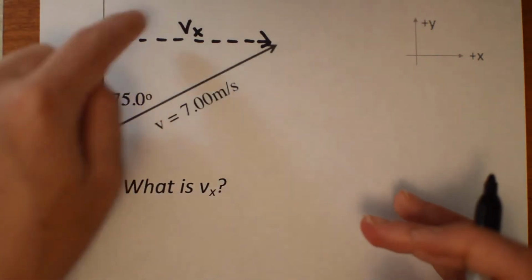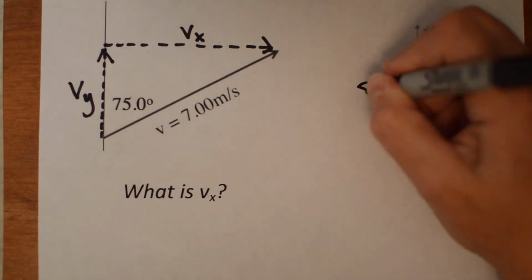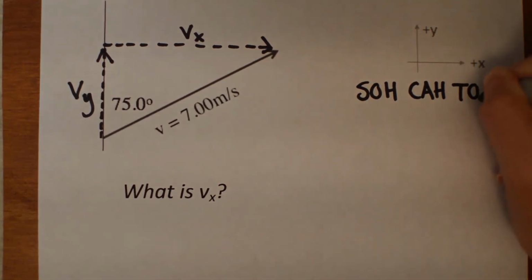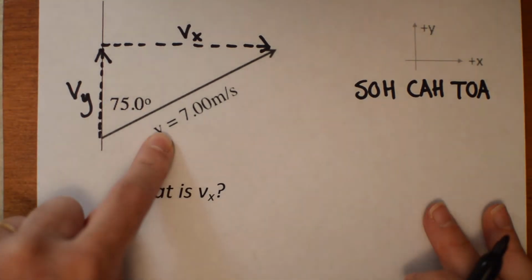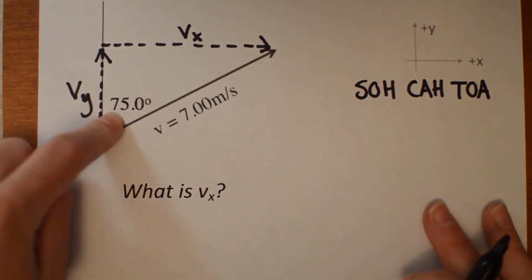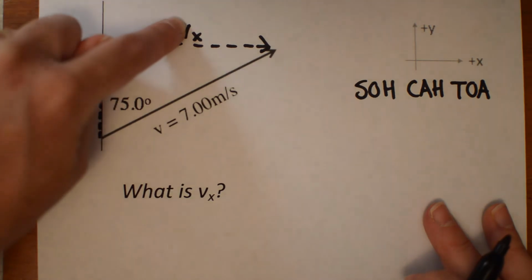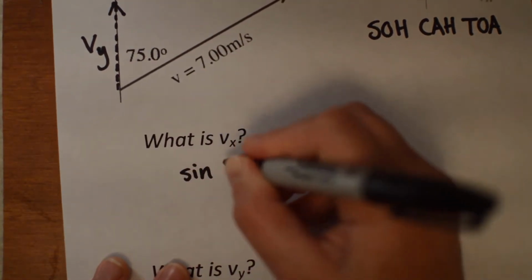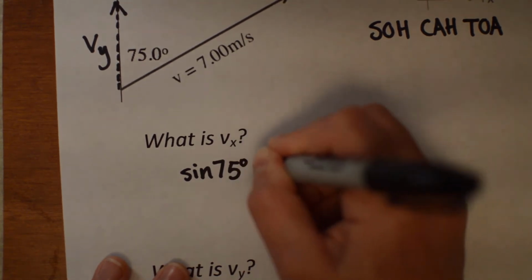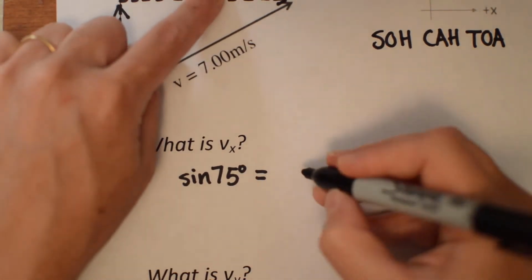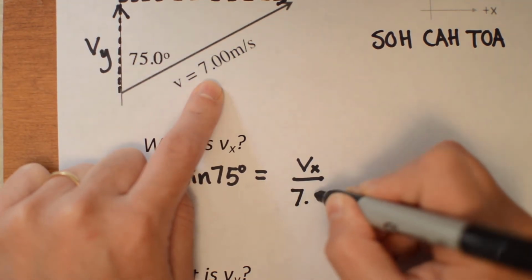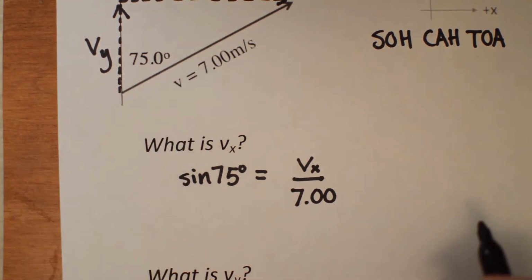I could use my SOHCAHTOA to get this. I'll just write out SOHCAHTOA over here. I know the hypotenuse, and I know this angle here. I want Vx, which is the opposite, so it looks like I should use sine for that. Sine of that 75 degrees is going to be my opposite, which is Vx, divided by the hypotenuse, which is the 7 meters per second here.